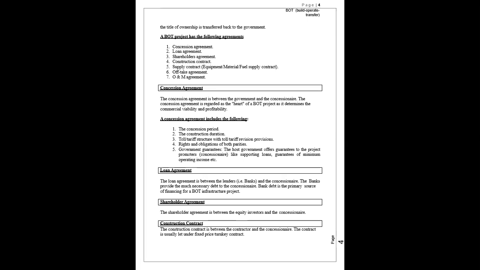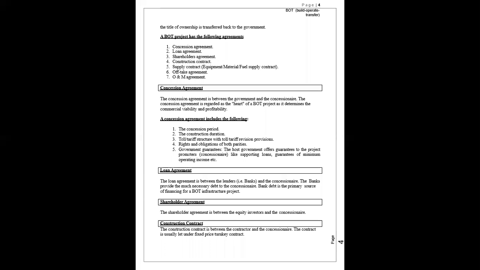Shareholder agreement. Shareholder agreement is between equity investors and the concessionaires. Okay, so suppose 100 crore rupees is required to run that project, but that concessionaire company is having the worth of only 50 crore. Then he will call some investors, and those investors will put in their money.